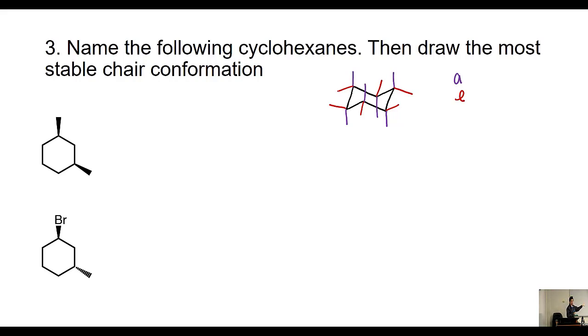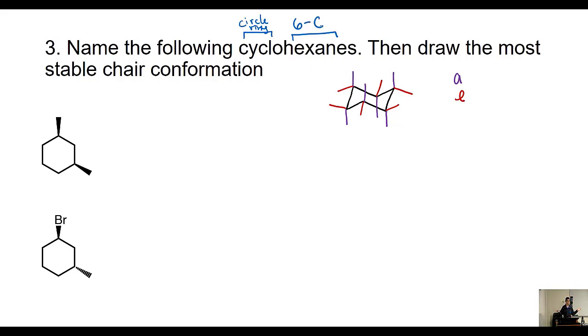When I name chairs, we have a base, right? So let's go through cyclohexane. Cyclo means circle, basically ring. When I have a ring, I always have cyclo in front of my carbon count. So cyclohexane just means 6 carbons in a ring.